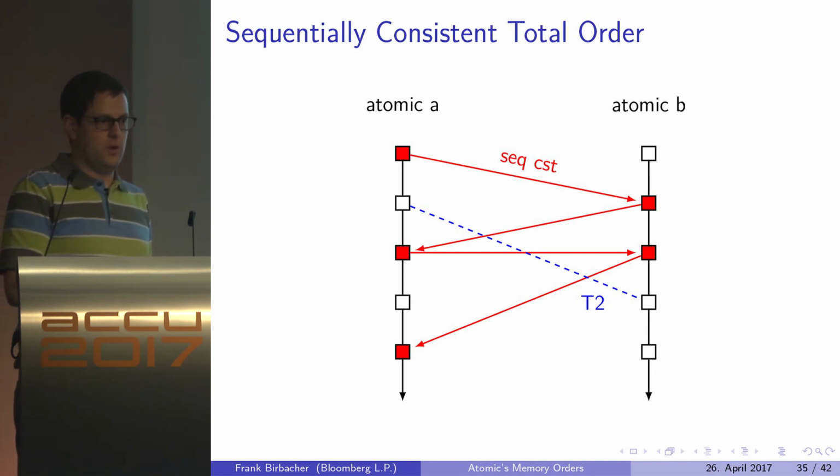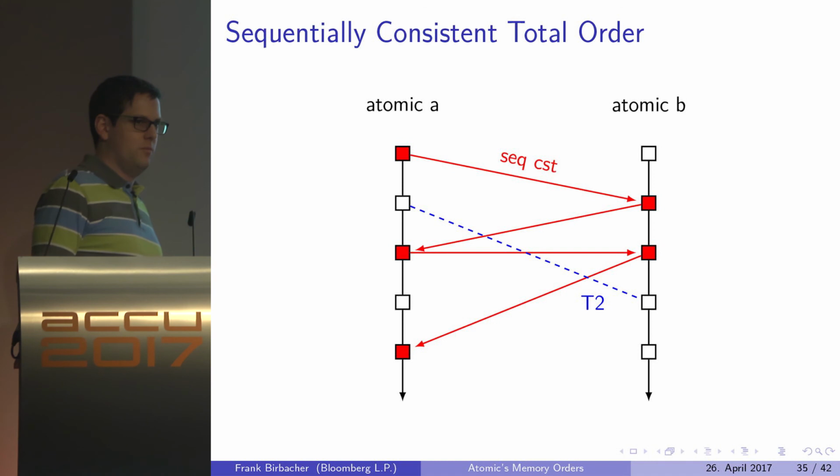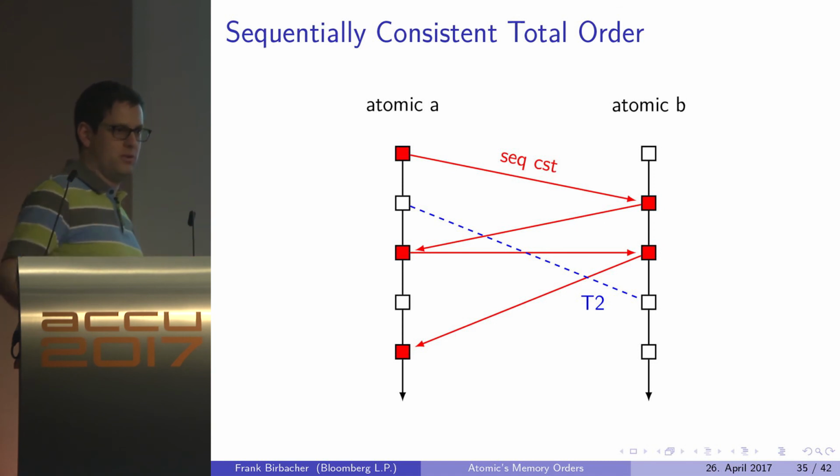So if you only apply sequentially consistent memory orders, then you restrict on seeing all the values. If you mix and match, well, you're somewhere in between, but at least you can't go back beyond the last sequentially consistent write on some atomic. But still, you don't know what the global order is.